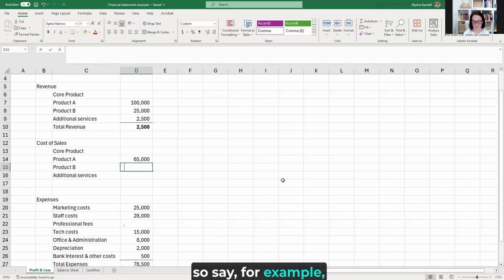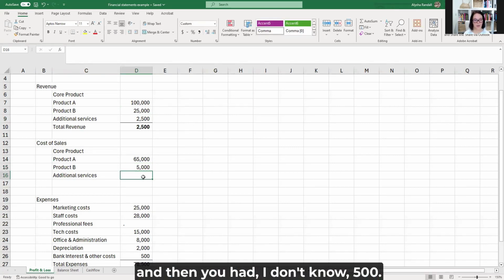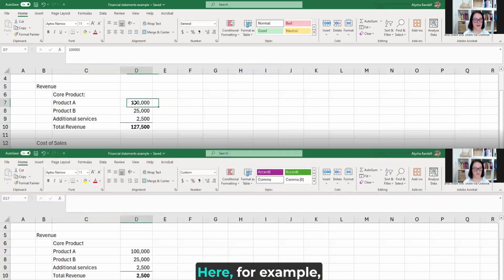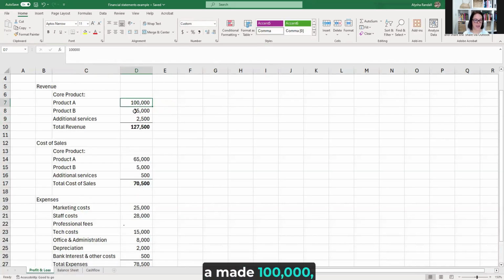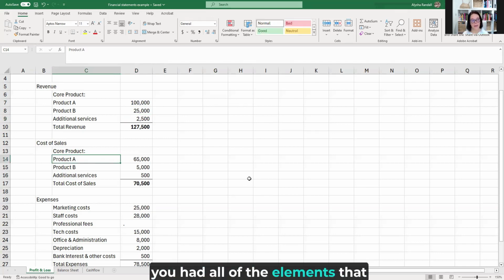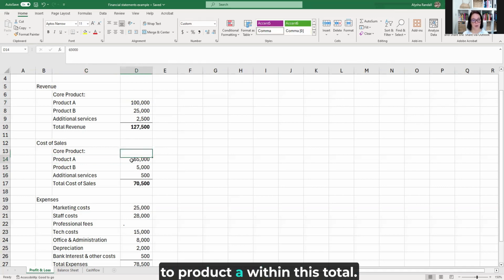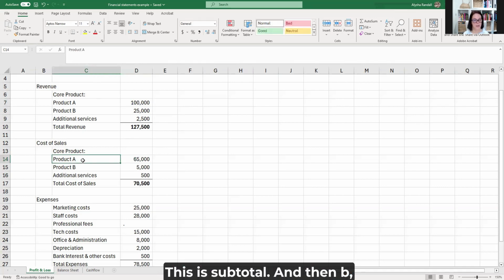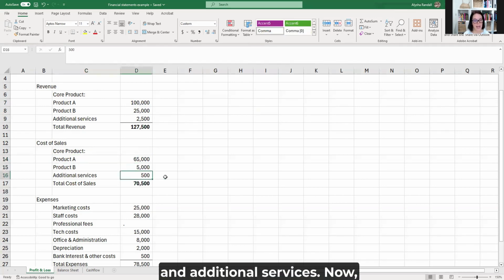Here, for example, you've got product A made 100,000, product B of your core product made 25,000, and then your additional services made 2.5. And then within product A, you had all of the cost of sales elements directly attributable to product A within this total. So this is a subtotal. And then B and additional services.